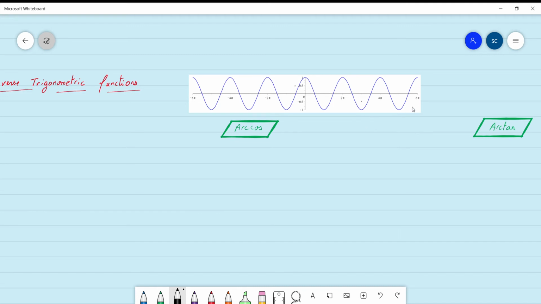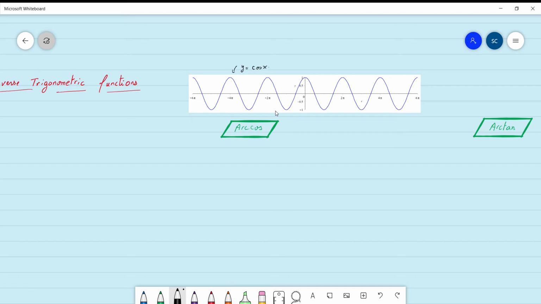If we look at the graph of the cosine function, so this is the graph of y equals cosine x, it is clear that the function cannot be a one-to-one function because the horizontal line test is not satisfied.